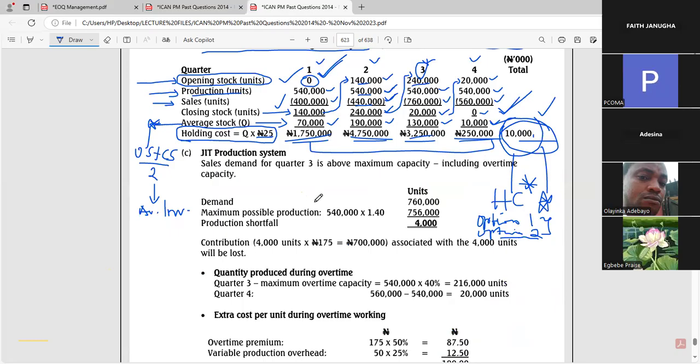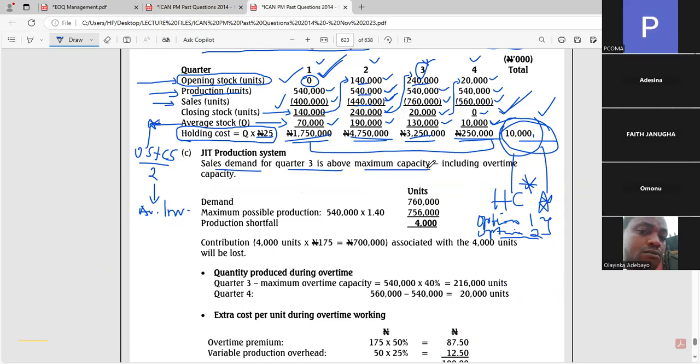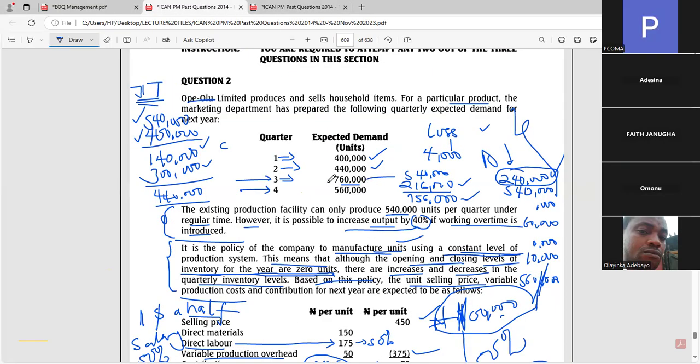So let's go to our solution now. Sales demand for quarter 3 is above maximum capacity, including overtime capacity. The demand is 760, what customers need is 760. But what you can only produce is 540.